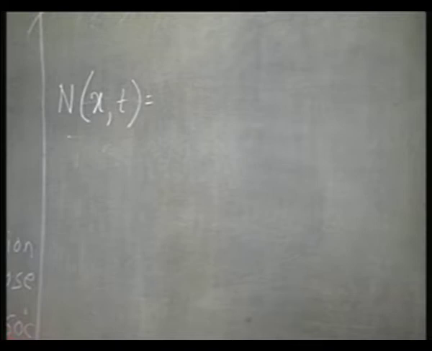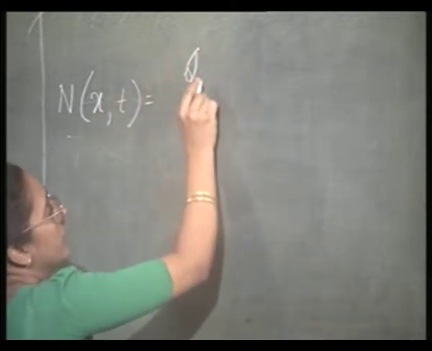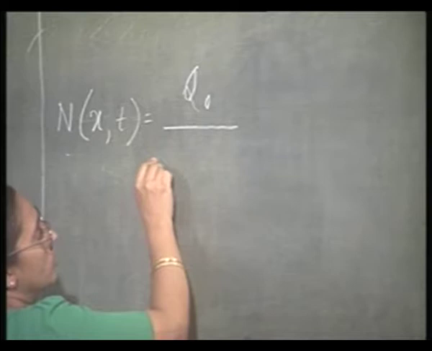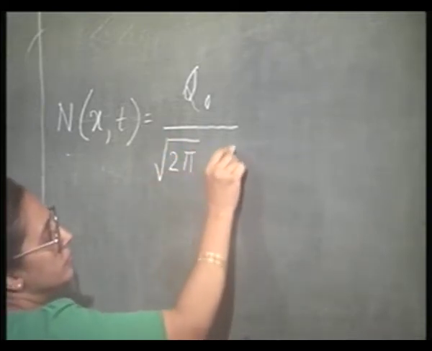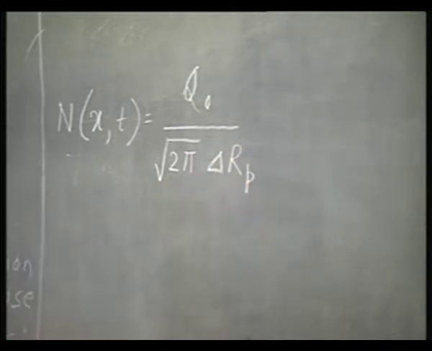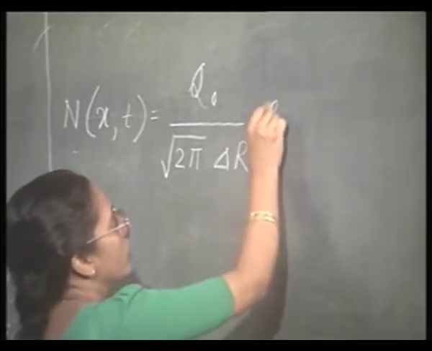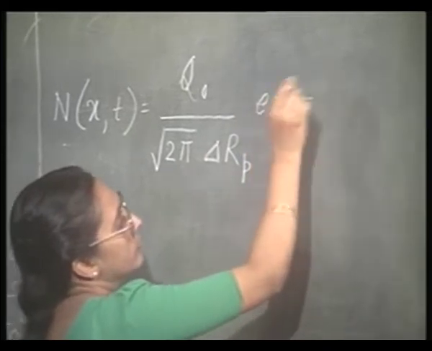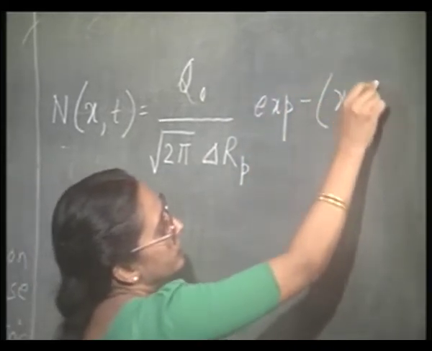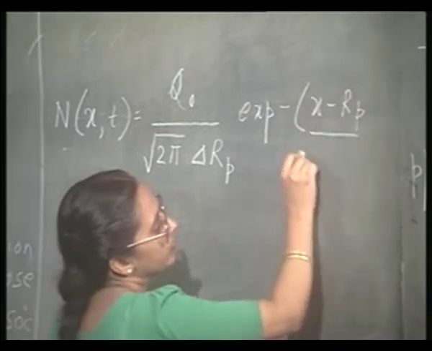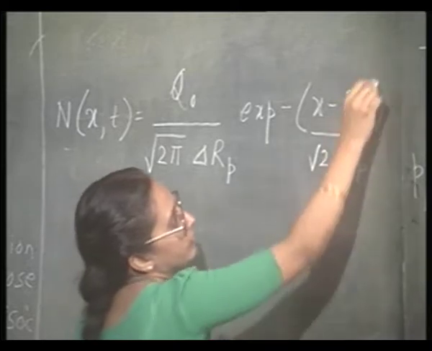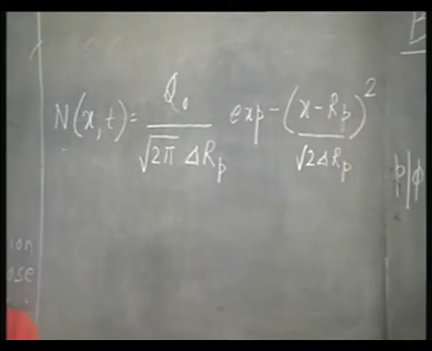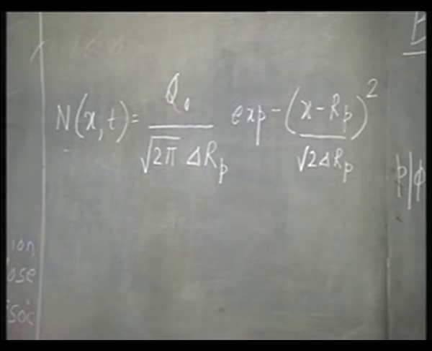Remember, for ion implantation it was Q0, the total dose, divided by root 2 pi delta Rp, exponential minus x minus Rp by root 2 delta Rp whole square. That was the profile just after ion implantation.